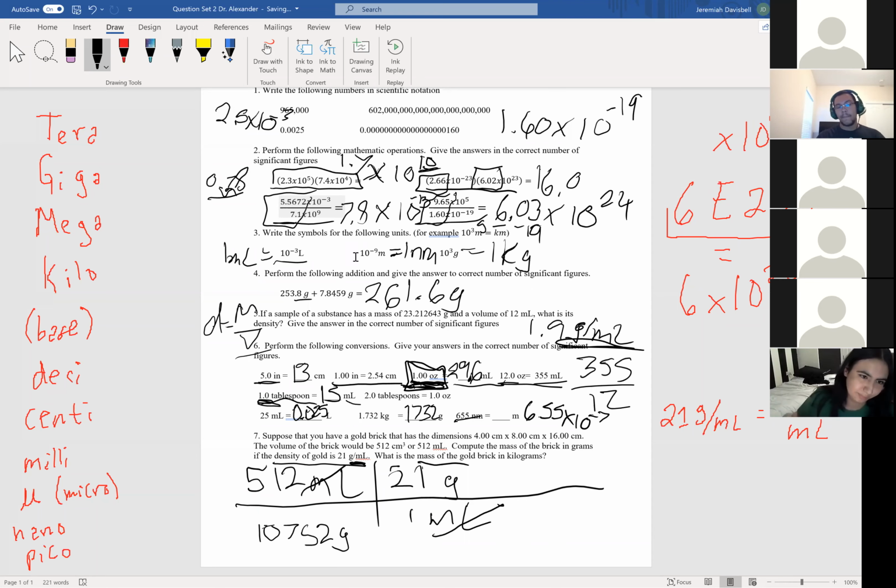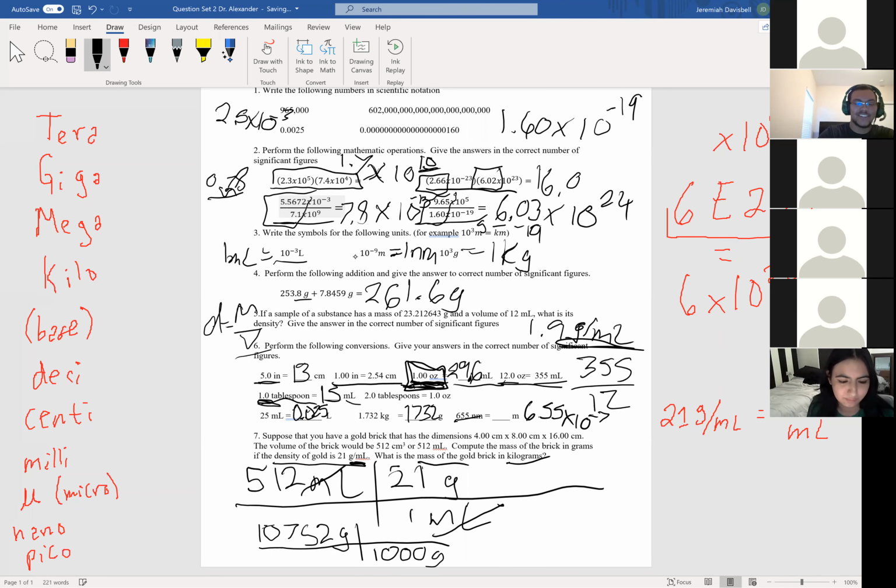So are we done? No, because it's asking you to know the mass in kilograms. In kilograms. See, I had just mentioned that earlier. Boom. In the practice. Okay, so in order for us to get to kilograms, what would we need to do? Multiply by 1,000. Multiply by, oh wait, multiply or divide? There you go. Divide.